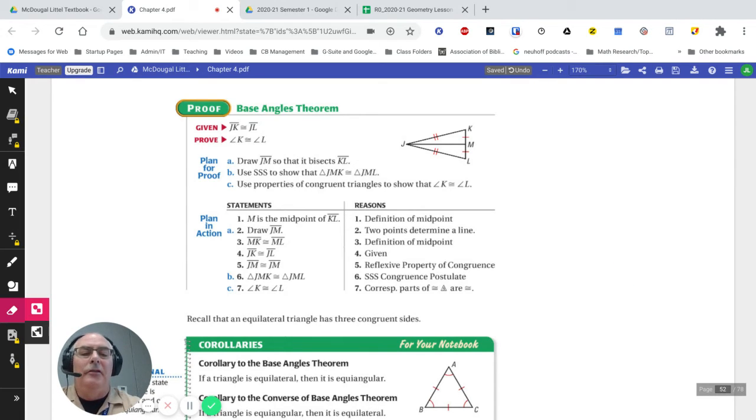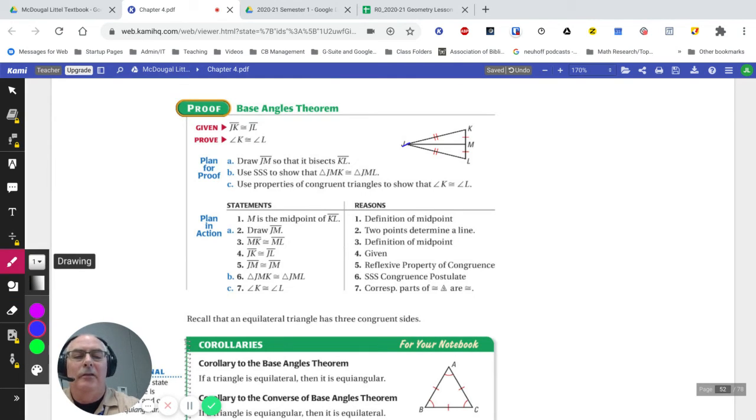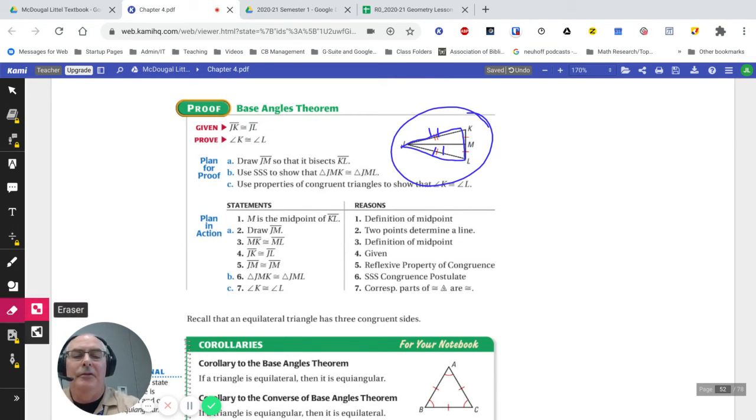Here's a situation where I actually have a set of triangles, and I have to remember from the drawing that this is part of how I can evaluate the two smaller triangles. What I'm told with the bigger triangle, JKL, is that it is an isosceles triangle because I'm told that those two sides are the same.